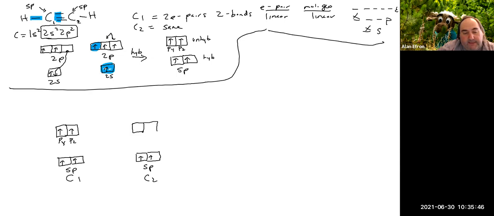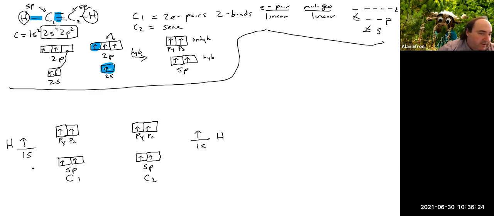Also has py, pz orbitals that are unhybridized. So again, here we have our 2 carbons that basically have formed 2 hybrid orbitals, also 2 unhybridized p orbitals. And in this case, we actually have 2 hydrogens. These are going to be the same. Remember, hydrogen will not hybridize, so we'll have a 1s orbital for the hydrogen hanging out. And again, not drawn correctly in terms of energy, but just for space and purposes here. And that takes care of everybody that's involved, right? 2 carbons, 2 hydrogens. Those are all of our electrons that are basically involved in this particular molecule.